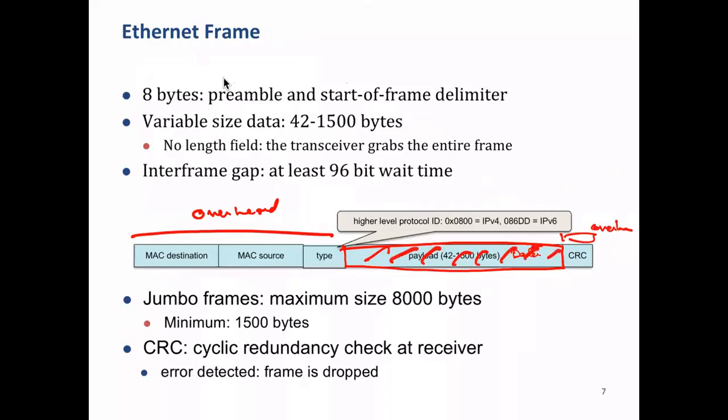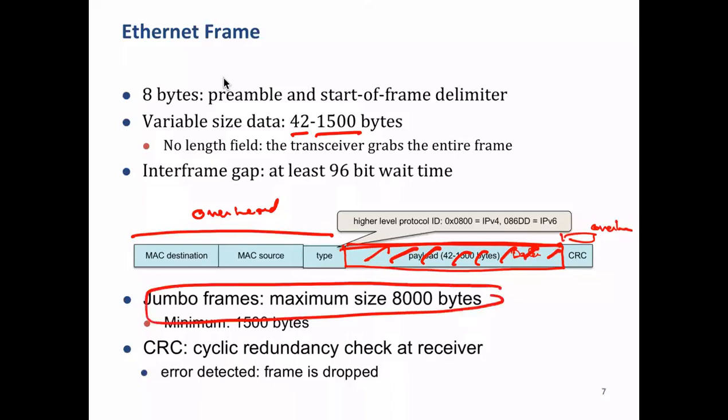Now data can be filled here, and the maximum data size in a normal Ethernet frame is up to 1500 bytes, and the minimum size is specified as 42. And then there are some special types of frames which can be as big as 8000 bytes. It's quite big, right? But in normal practice, we use this.